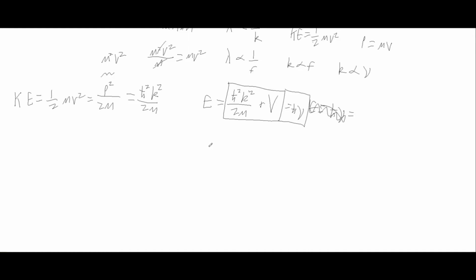And so now what we're going to do is assume a plane wave propagating in the x direction. A plane wave is just one that has a constant frequency, and that goes off to infinity and to negative infinity. A plane wave is just a wave that is the same over an entire plane, but it can be moving.